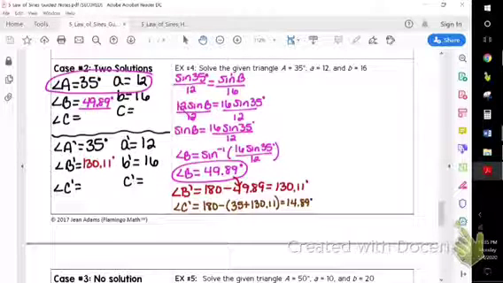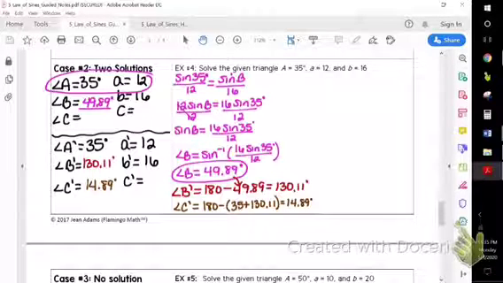So that's possible. I can have an angle that's 14.89 degrees. So I do have a second triangle. That number we just found for that third angle was bigger than 0, so the second triangle exists.